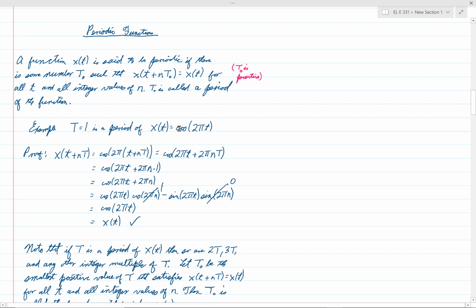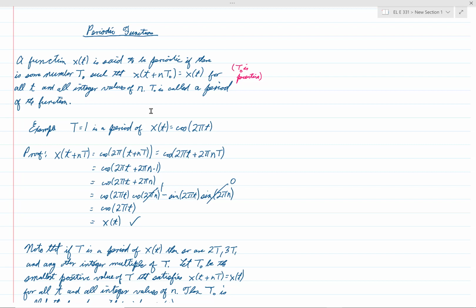But if there is some positive T naught such that x of t plus nT naught is equal to x of t for all values of t and for all integer values of n, then x of t is said to be a periodic function, and T naught is called a period of the function.